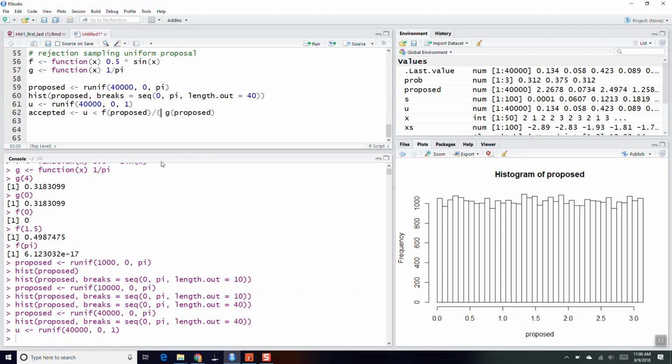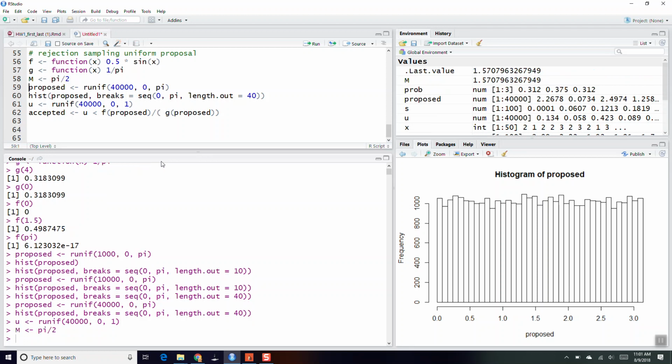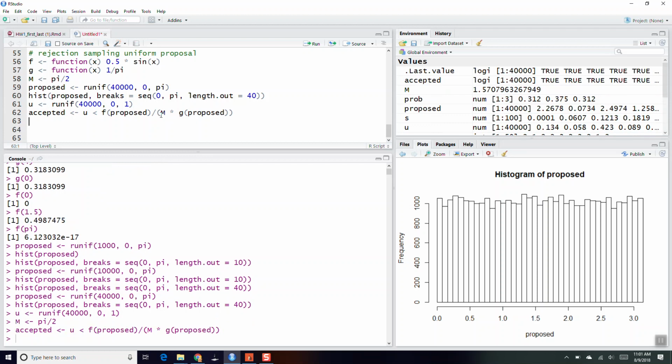I got to multiply it by M. M is equal to, what is it? Pi over 2. So it ends up just being 1/2 on the bottom. So accepted is a vector of trues and falses. Is this okay? What's happening here?